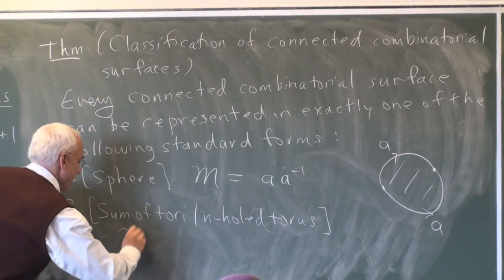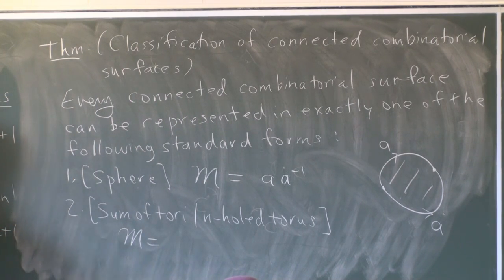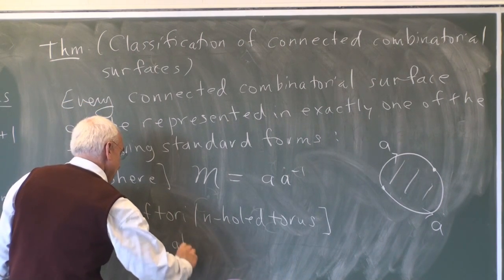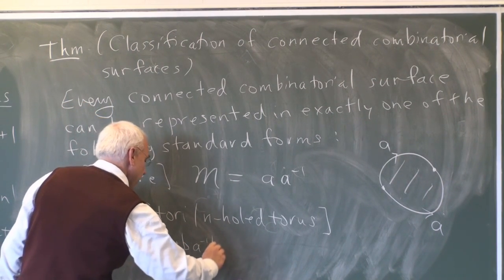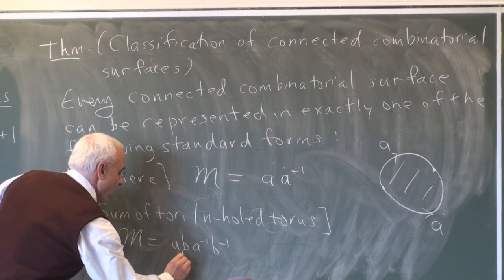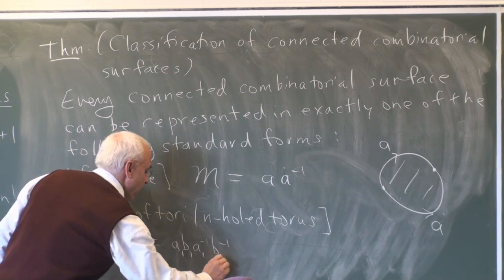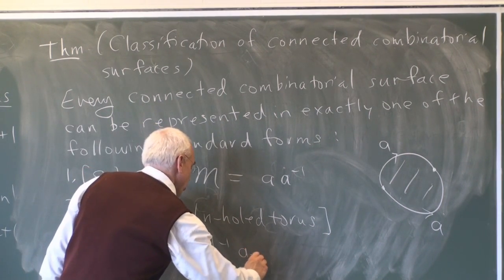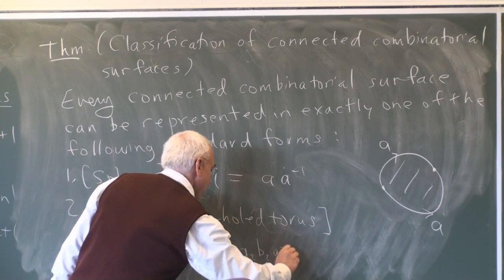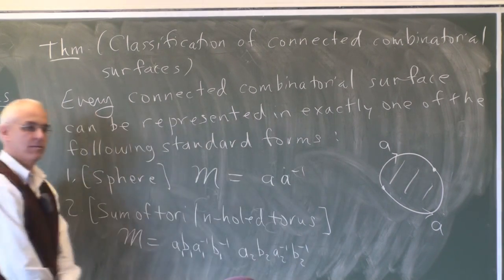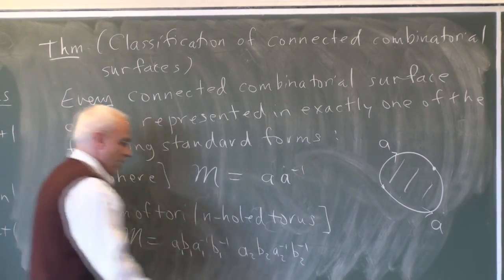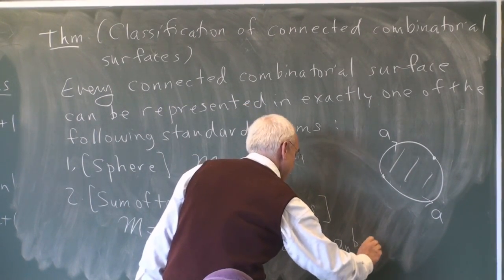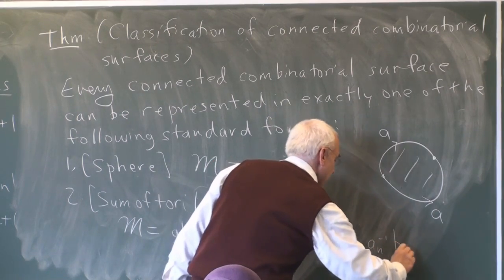And that's the case when the word for M can be written as A, B, A inverse, B inverse, and maybe I'll put subscripts: A1, B1, A1 inverse, B1 inverse, then followed by A2, B2, A2 inverse, B2 inverse, and keeping on going till we get to An, Bn, An inverse, Bn inverse.